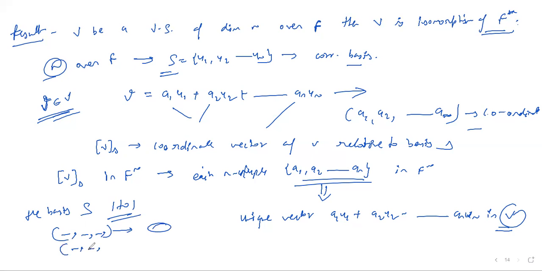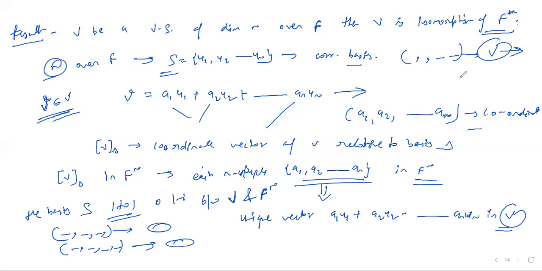So the basis S induces a one-to-one correspondence between the vector space V and the coordinate vectors, which are from F^n. For every n-tuple coordinate we get a unique linear combination belonging to this vector space V.